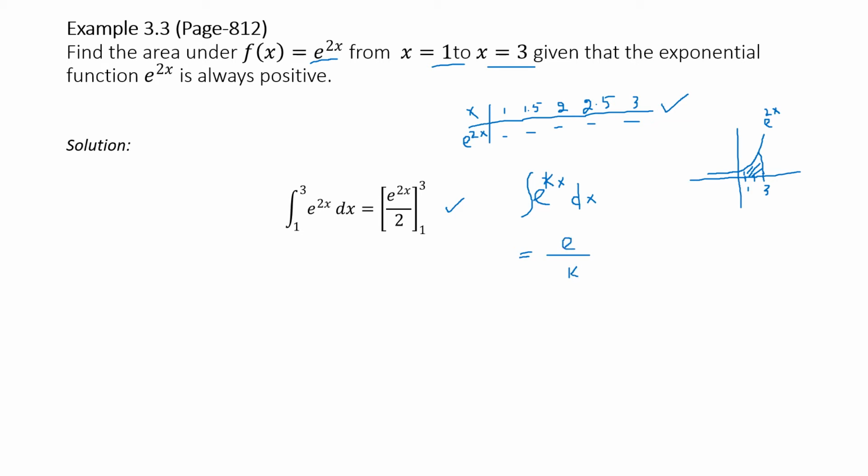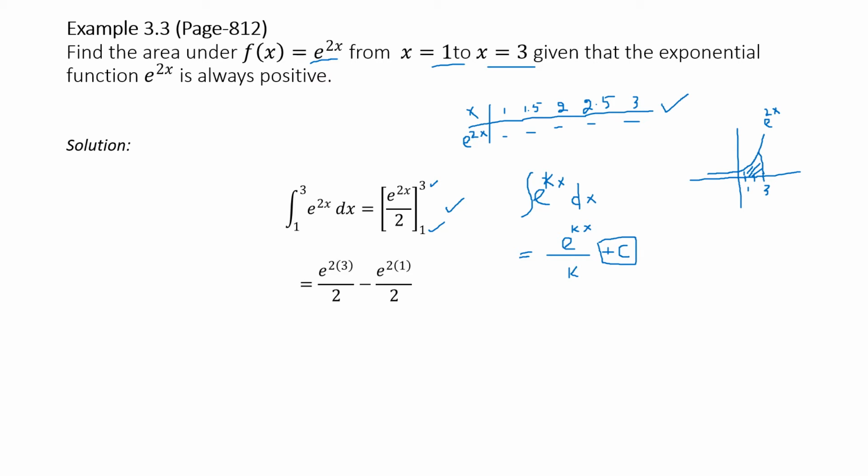There was also plus c, but now we are in the definite integral, we have limits, so no need to write this. Look, when limits come, I told you in the definite integral we are not using this.